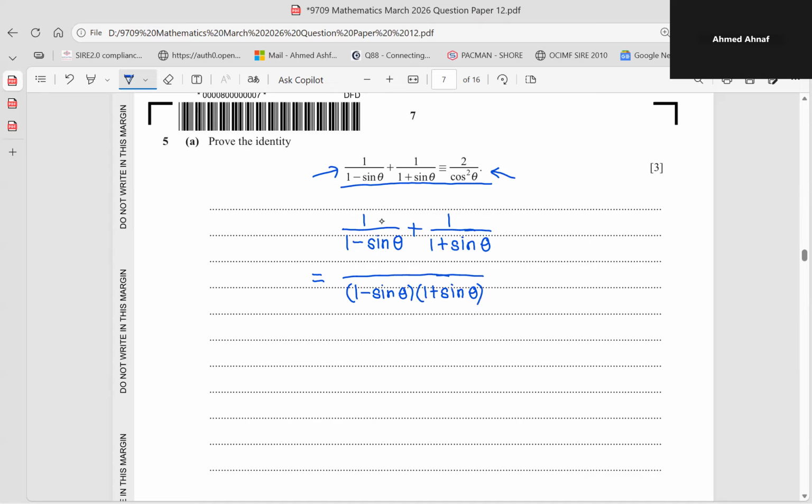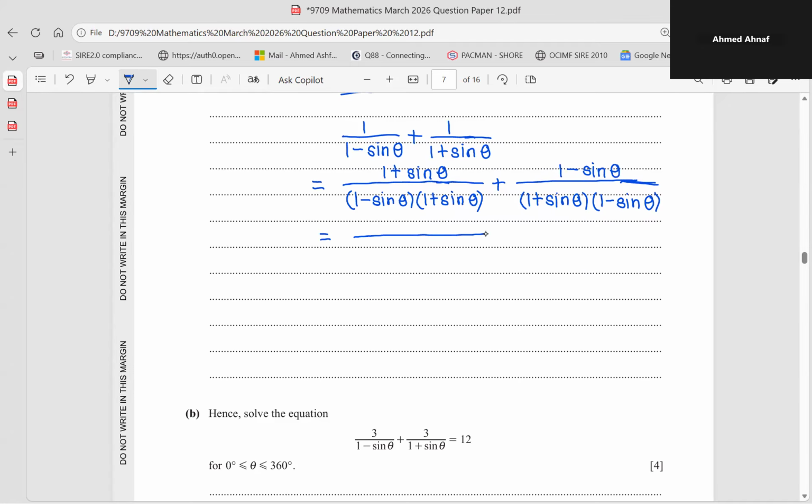So 1 times 1 plus sine theta, which is just 1 plus sine theta. And then you add it with the other fraction. So 1 plus sine theta, you multiply it with 1 minus sine theta. And you also multiply it in the numerator. So 1 times 1 minus sine theta. So you'll get 1 minus sine theta in the numerator.